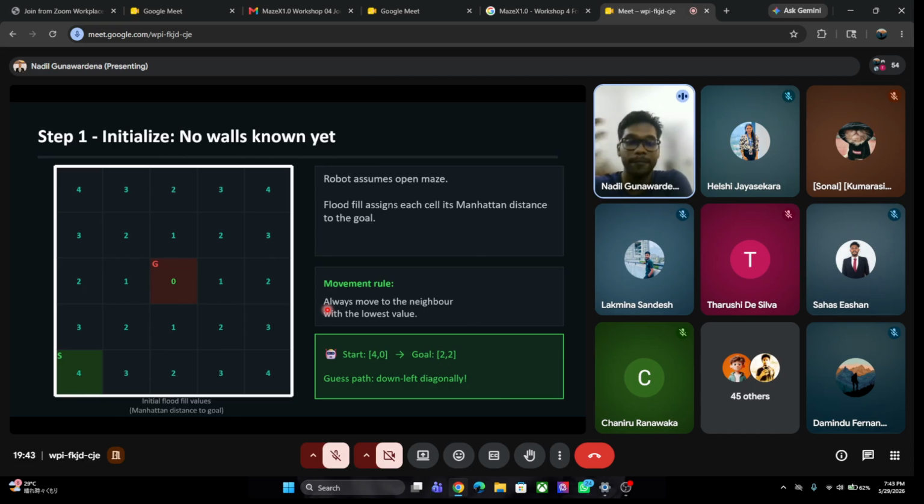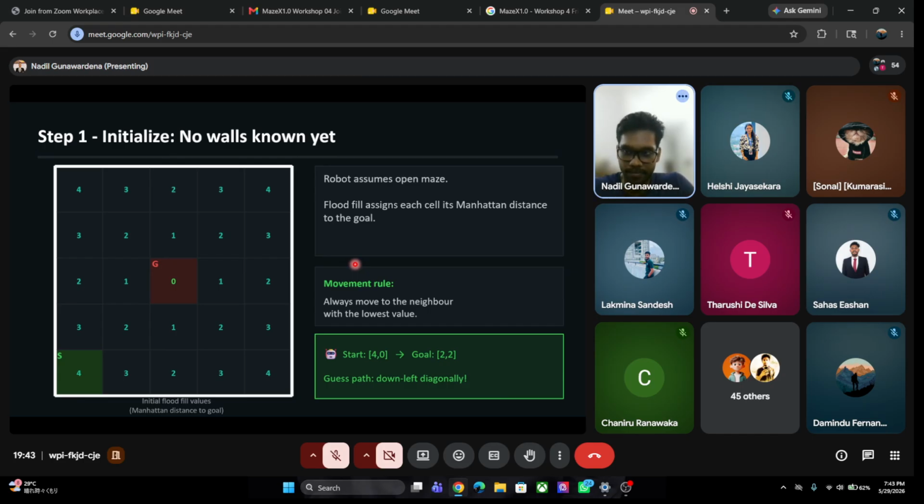So when navigating through the maze, it recognizes, oh, there is a wall here, there is a wall there, and likewise. So it recognizes the walls only during the run. That's the main thing. Let's first see how this works.